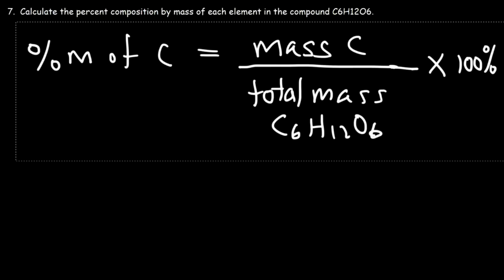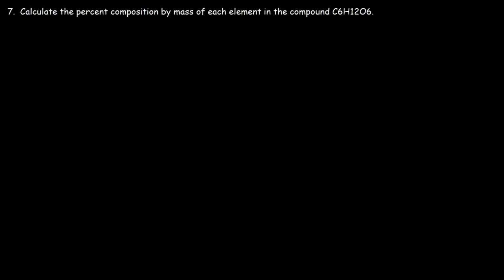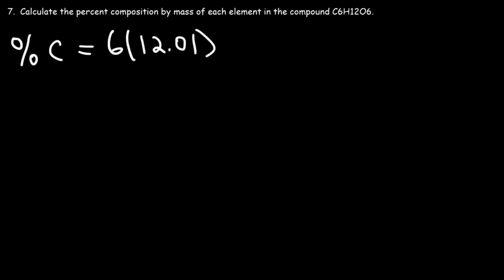So if you want to try this problem, feel free to pause the video and work on it yourself. And then you could play the video again and see if you got the right answer. So let's start with carbon. The molar mass of carbon is 12.01. Now in this compound we have 6 carbon atoms. So we need to multiply the molar mass by 6.